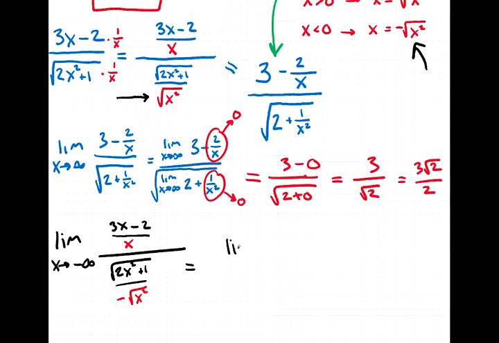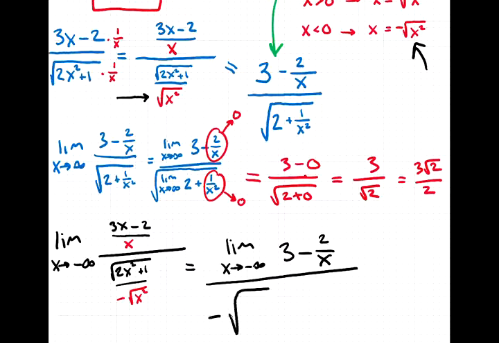So we'll have the limit as x goes to negative infinity of 3 minus 2 over x. And on the bottom, we've done all the algebra up here in blue, so let me just skip to the last step. We have a negative sign. We have the square root, which could come outside of the limit. The limit as x approaches negative infinity of 2 plus 1 over x squared.